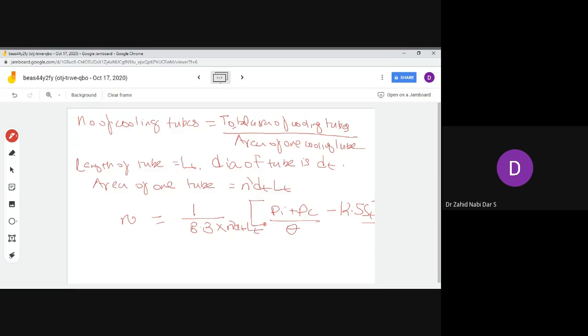So the number of cooling tubes you can directly substitute in a formula. If you are having very less time, you can substitute. The values of the loss would be given: the total loss is for 4 kilowatt or 7 kilowatt, write that 7 kilowatt. Temperature rise limit is 35, write that 35.